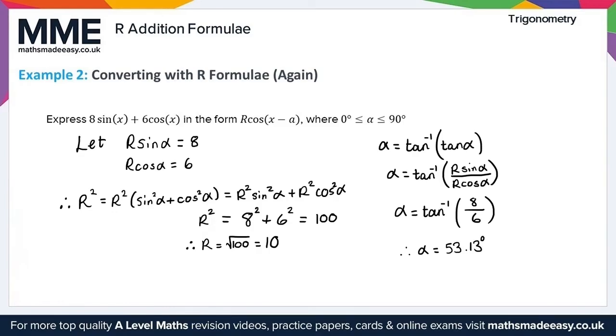So in that case, all we simply need to do is express 8 sin x plus 6 cos x in this form. So we write at the bottom, 8 sin x plus 6 cos x is simply equal to 10, because that's our value of R, so that's 10 cos(x minus alpha), where alpha is 53.13 degrees. Okay, and that gives us the solution to example 2.